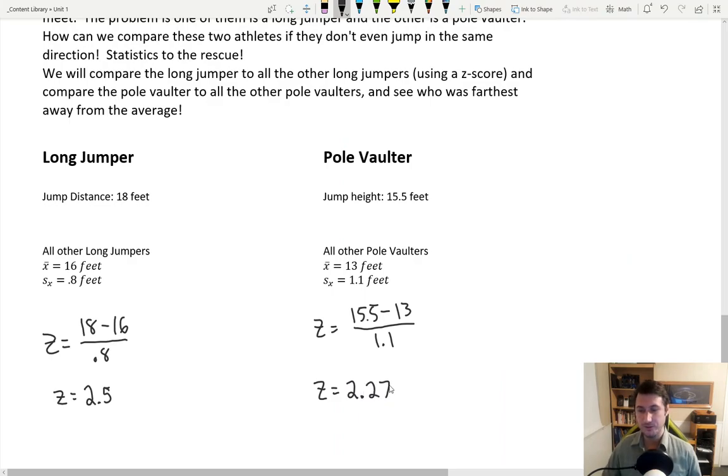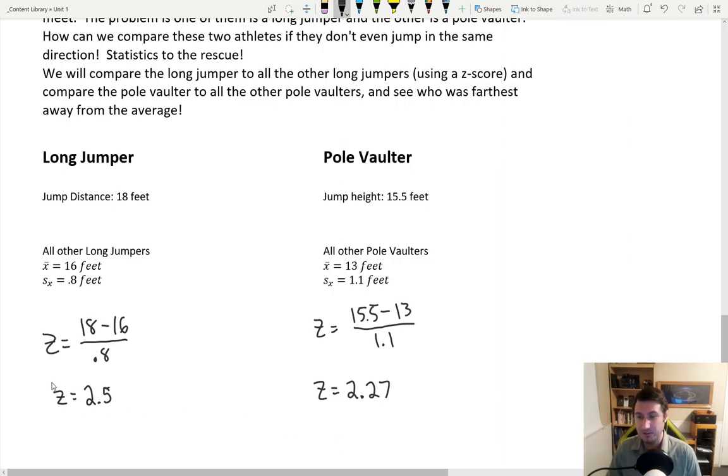All right, so the z-score sort of gives you an idea of how remarkable their score was, because it's how far above the average they are. This person was 2.5 standard deviations above their mean. But this person was 2.27, not quite as far above their mean as the long jumper.